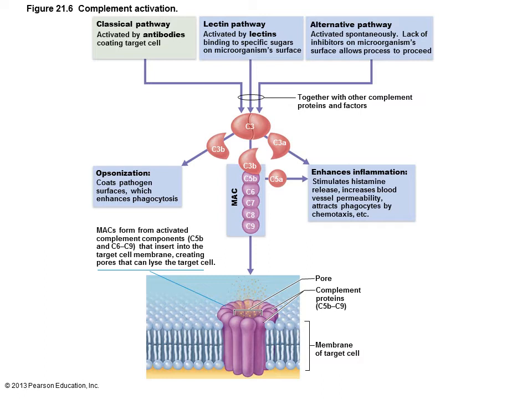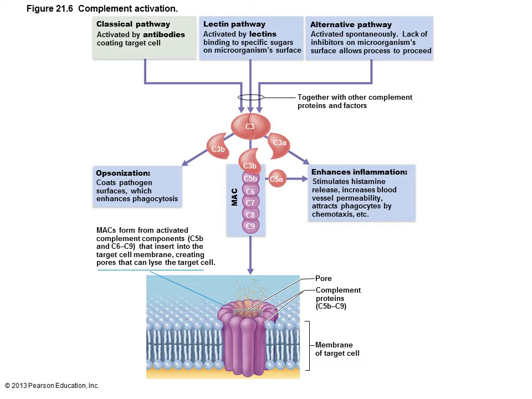In the lectin pathway, basically lectins are produced by the innate system to recognize the foreign invaders, and they interact with activated proteins such as C3, B, D, P, at the surface of the microorganisms. And the other is the alternative pathway, which doesn't have those lectin pathways.